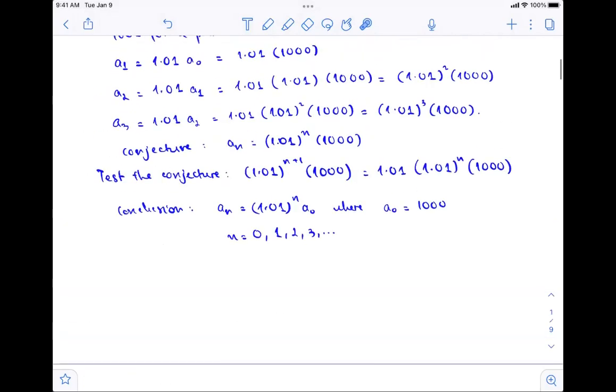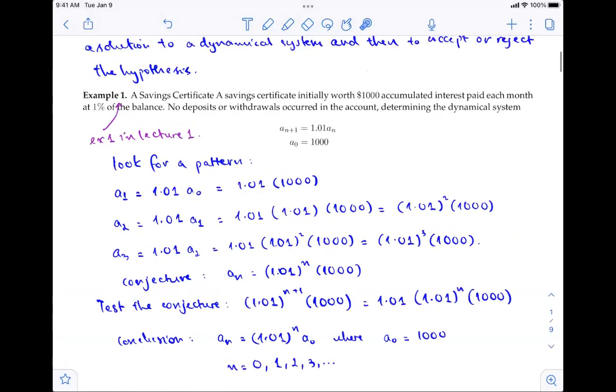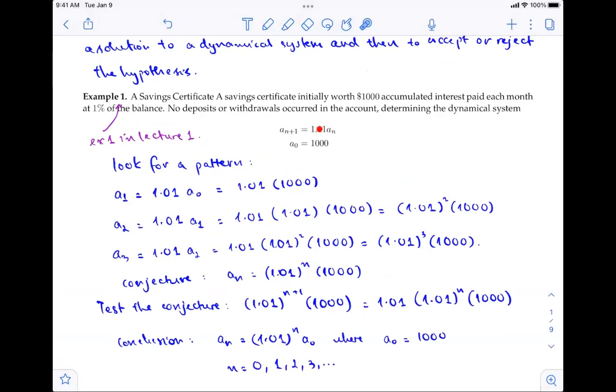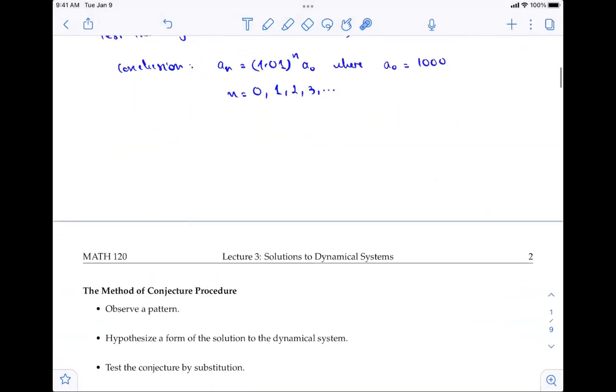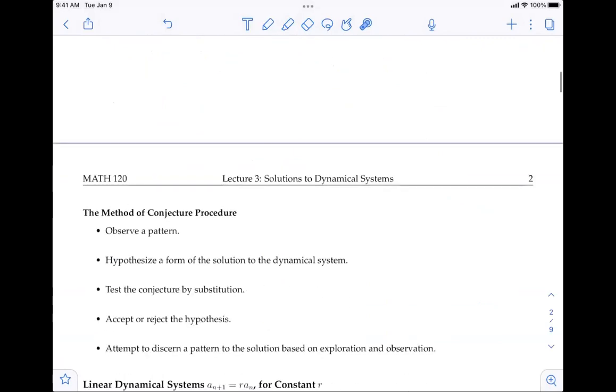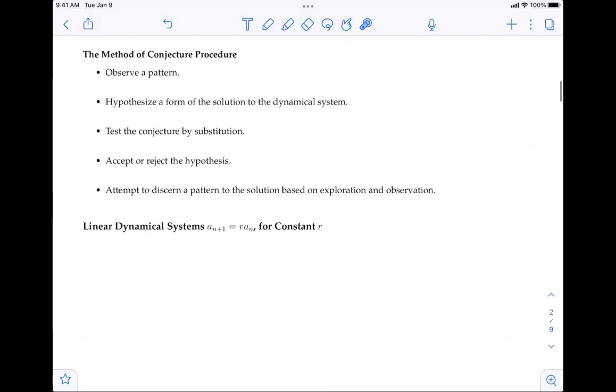If you again notice what we have done, a sub n plus 1 is equal to r times a sub n, right? And that is the linear dynamical system that we are dealing with, and we're going to come up with a more direct formula to calculate the value of the sequence.